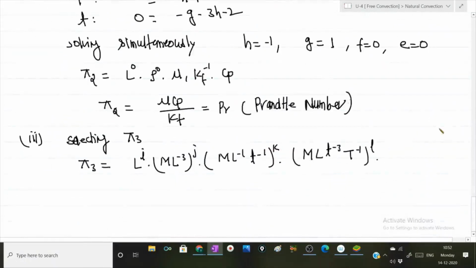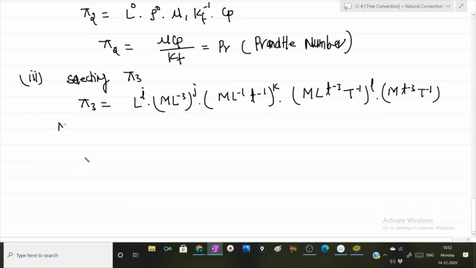So I can represent it as capital M small t minus 3 T minus 1, the primary dimensions of h.